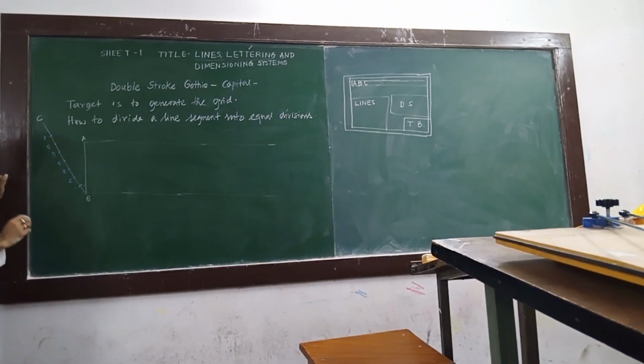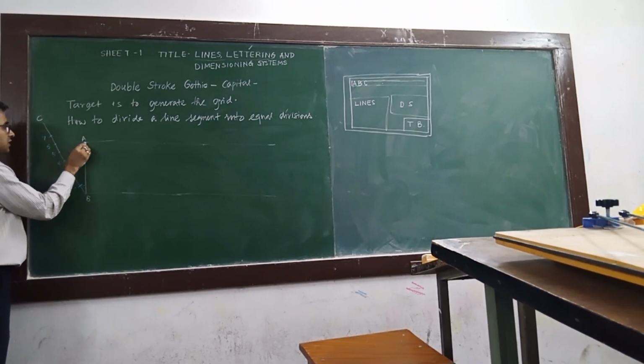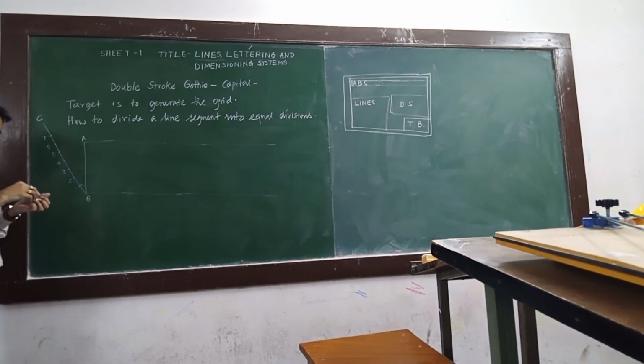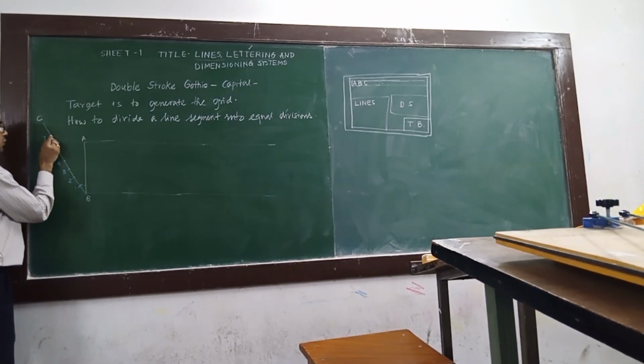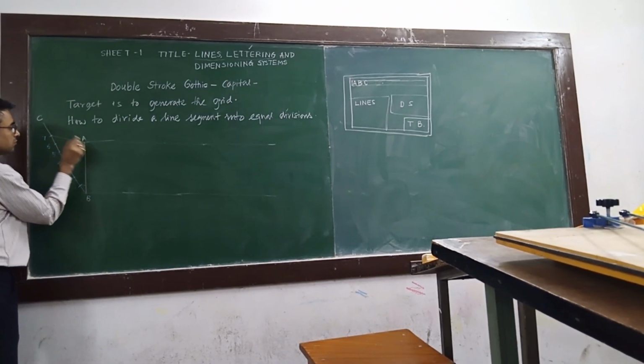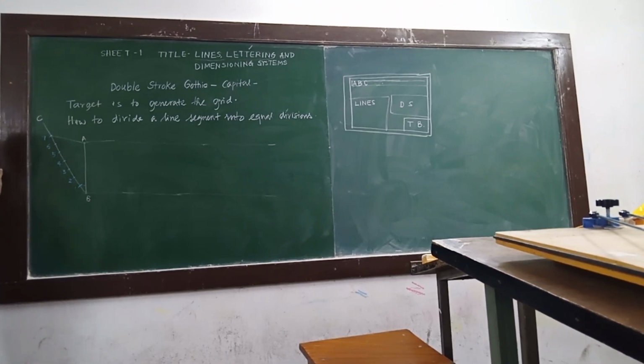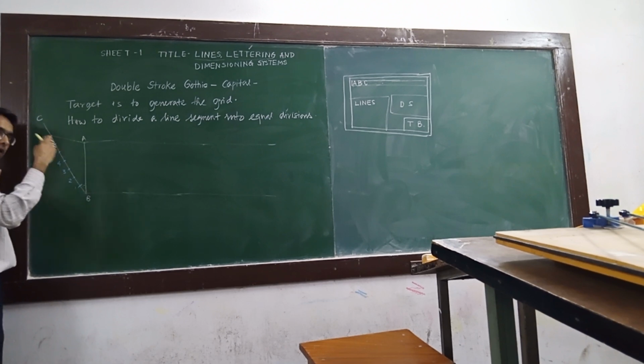Done? Now I will join this with this. That is the first thing that I will do. That means I want to divide this line into 7 equal divisions, or any number of divisions for that matter. Here it is 7.